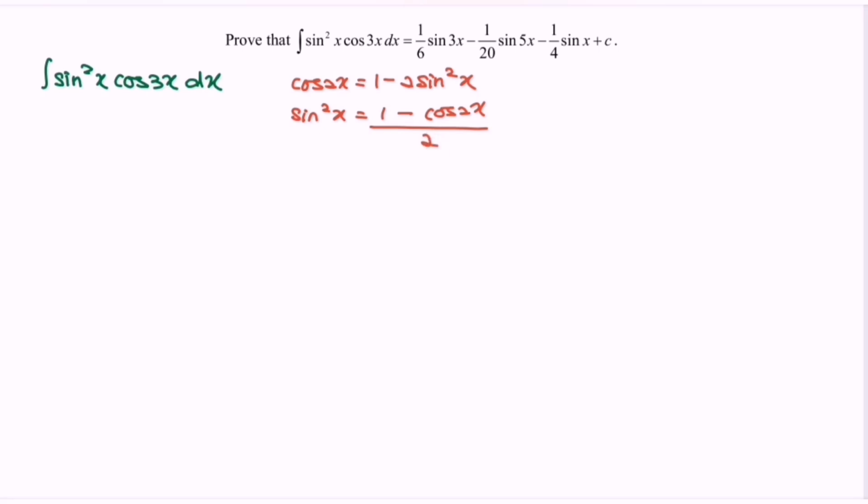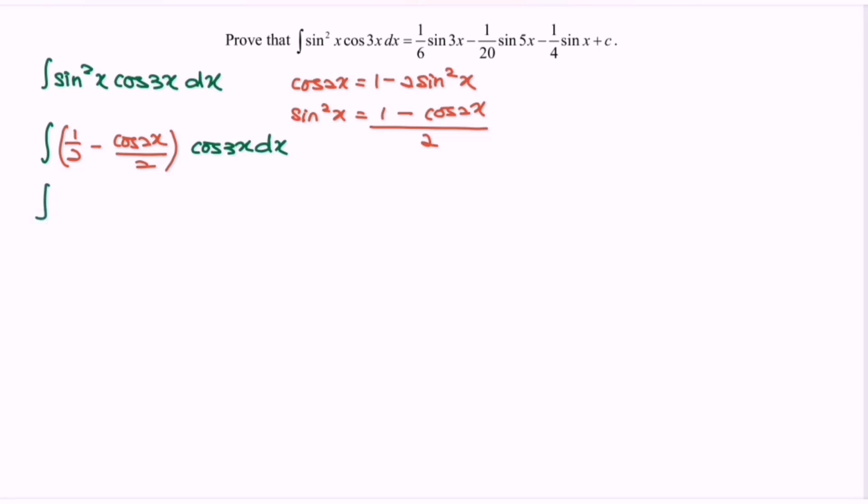So kindly substitute. If we substitute, we will have the situation integrate 1 over 2 minus cos 2x over 2, where we have the bracket, and then cos 3x dx. My suggestion would be to expand the situation.